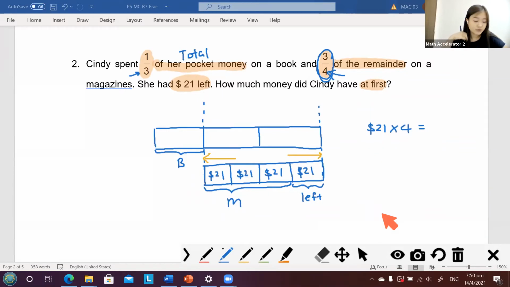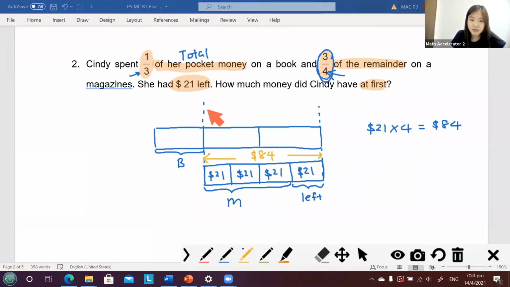What will this get you? Thank you, Jin Hao. 84. Yep, correct. Just nice, your names all start with J. So this is the second part of the model, 84.